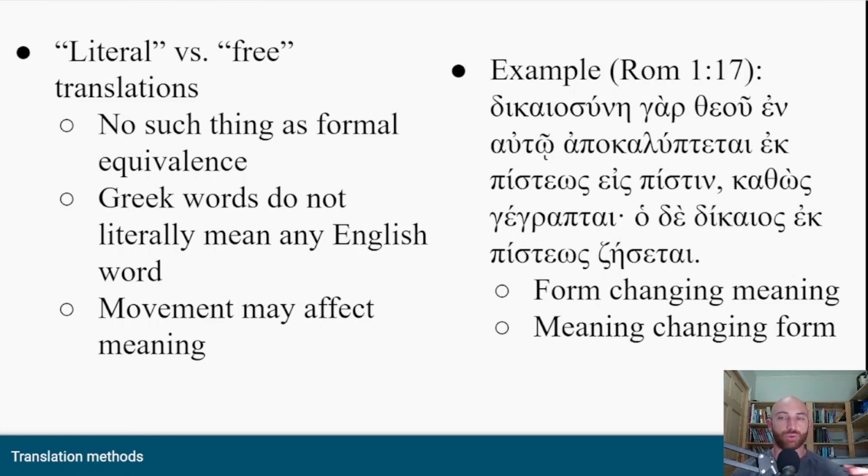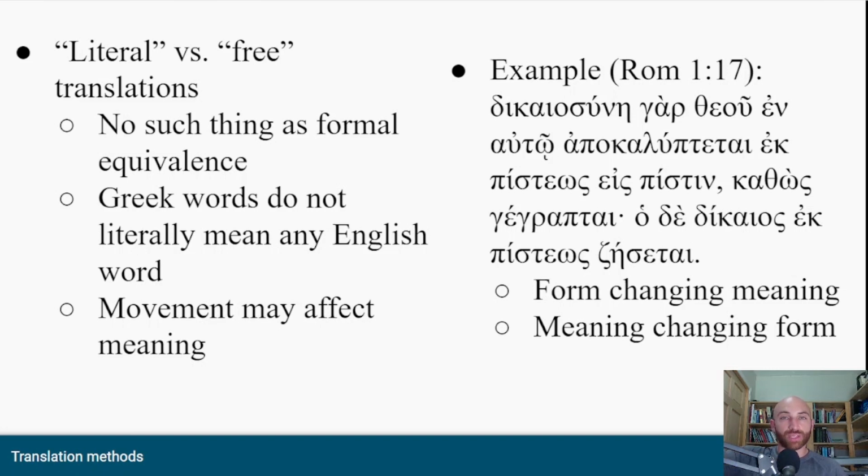Again, if you understand pisteos to be definite, and there's reasons why it could be best translated into English, the faith, without the definite article there. You can see my video on it. But then we could read it as the righteous one from the faith will live, meaning the righteous member of the faith will live. That's a different meaning than the righteous one will live by faith.